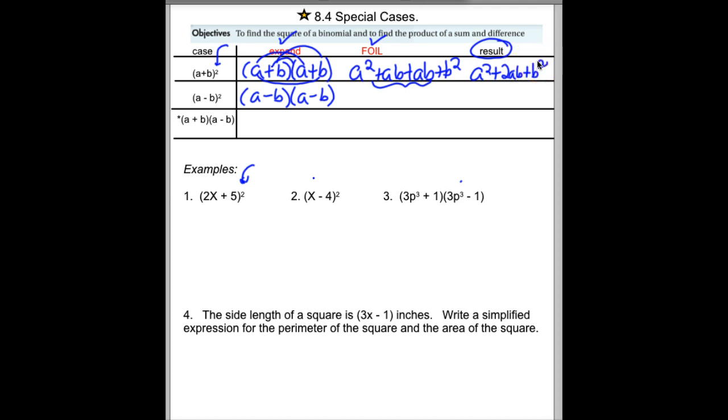We call that a perfect square trinomial, but honestly, I really don't think you're going to remember the pattern for that. Although this has a pattern, it's going to be a squared plus 2ab plus b squared, we're really just going to expand them and FOIL them. So watch. Here's one where it's an addition of something squared.